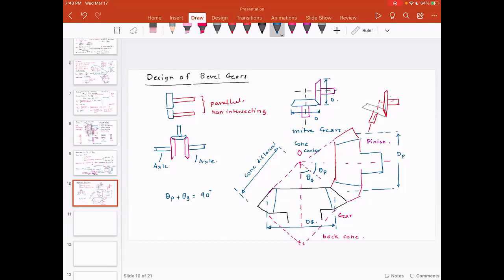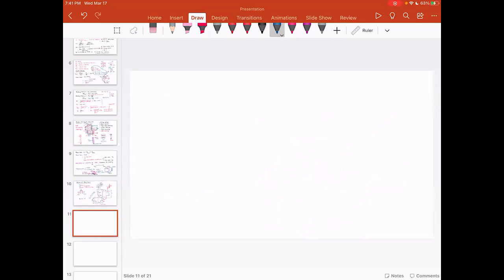Some of the important terms in bevel gears, like pitch cone and cone center, you won't see for the spur or helical gears because the shafts are parallel.